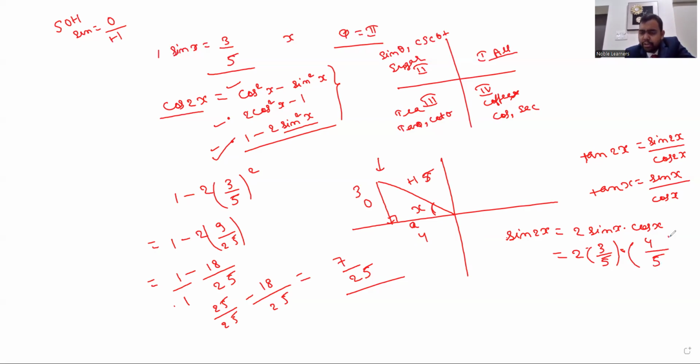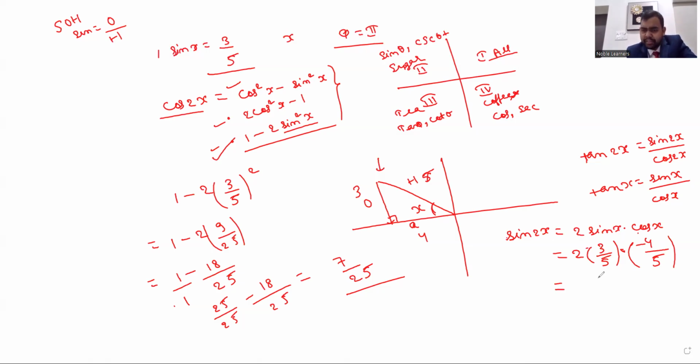And very carefully, you have to understand one more thing. Since the angle lies in the second quadrant and you are finding cosine, it has to be negative, because in the second quadrant only sine and cosecant are positive, and every other trigonometric function is negative.